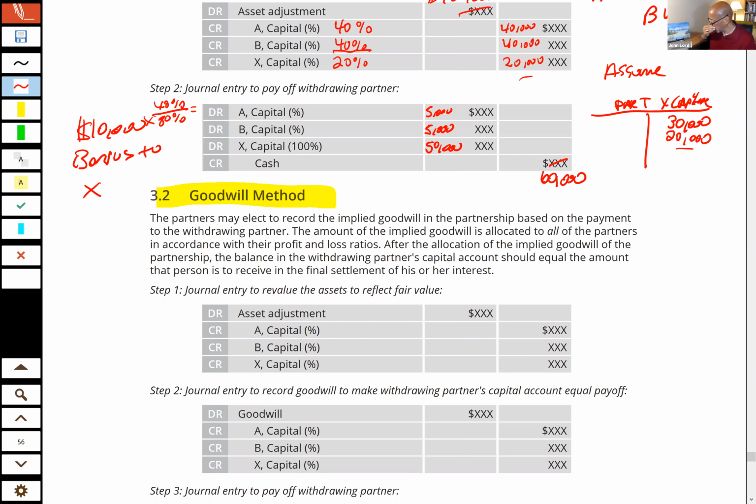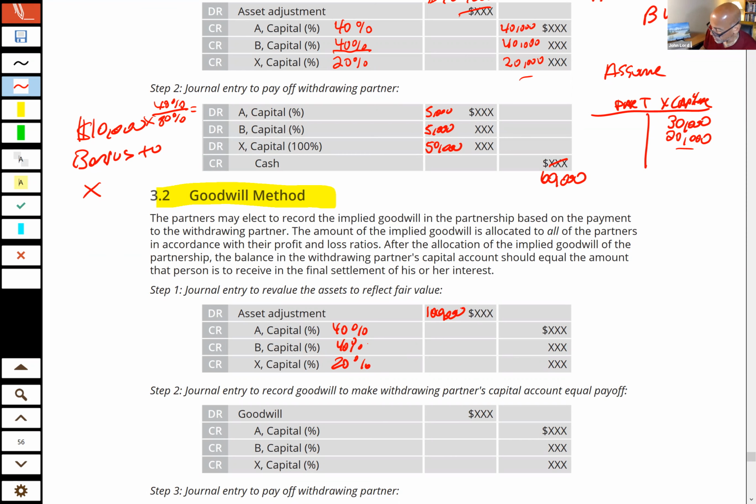Now let's go ahead and see what happens with the Goodwill method. With the Goodwill method, we're going to assume the same percentages. But now the assets are 100,000 more.